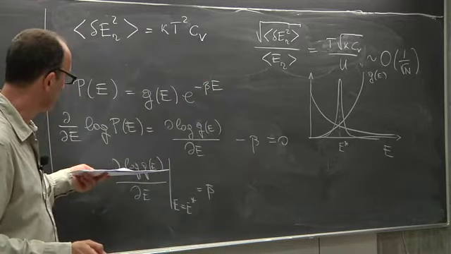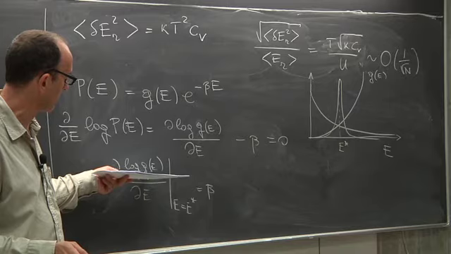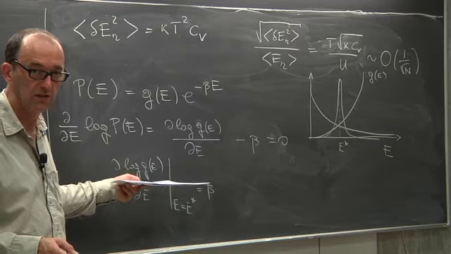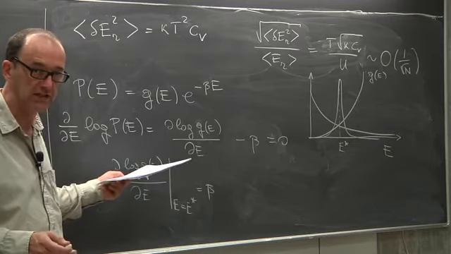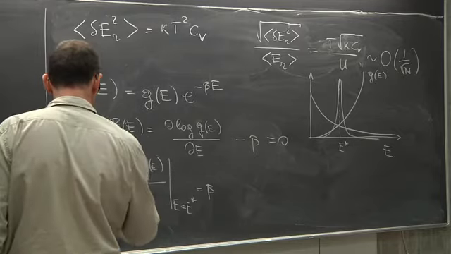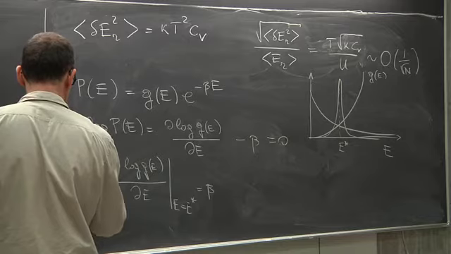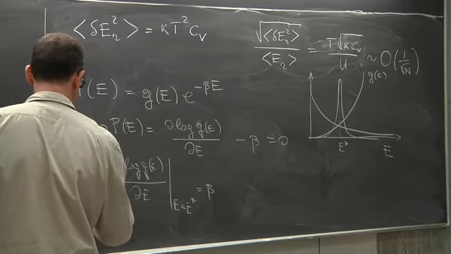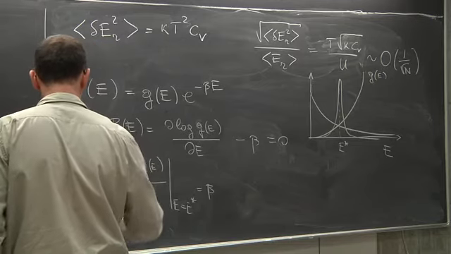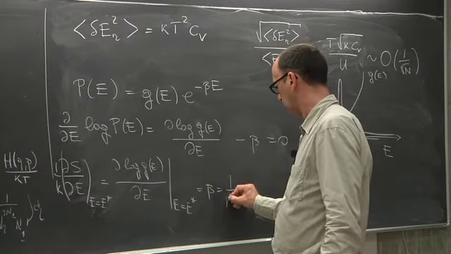And we have said that G(E) is the number of microstates with energy E, so this is 1 over K times the entropy, in the microcanonical ensemble. So this is 1 over K times the derivative of the entropy with respect to the energy at E equal to E star, and this is equal to beta, which is 1 over kT.